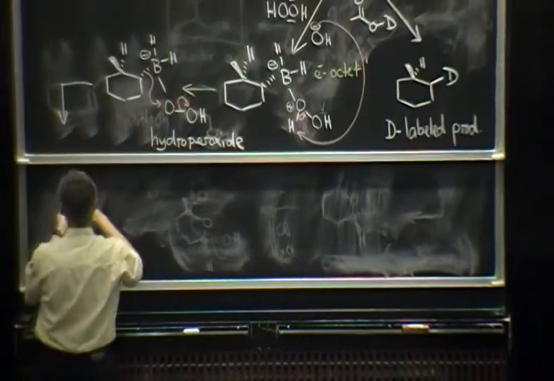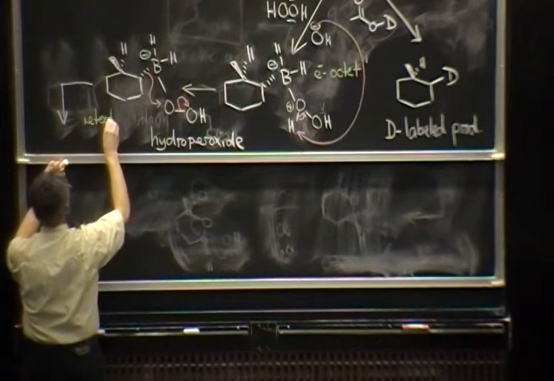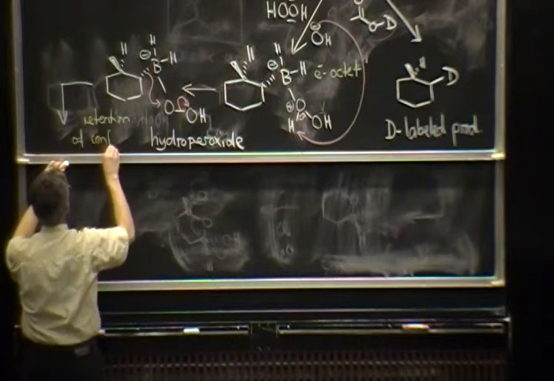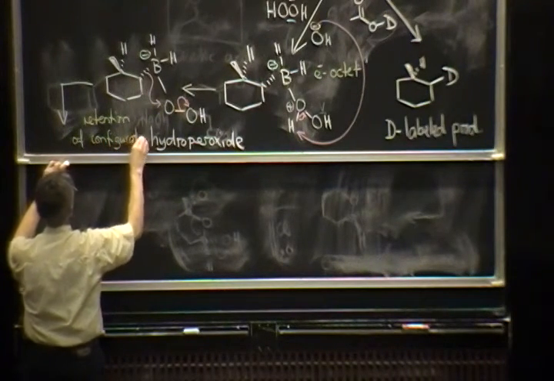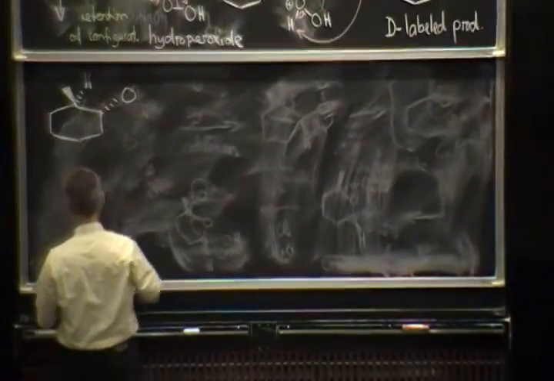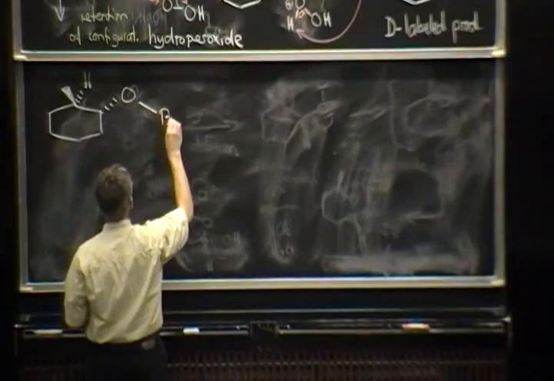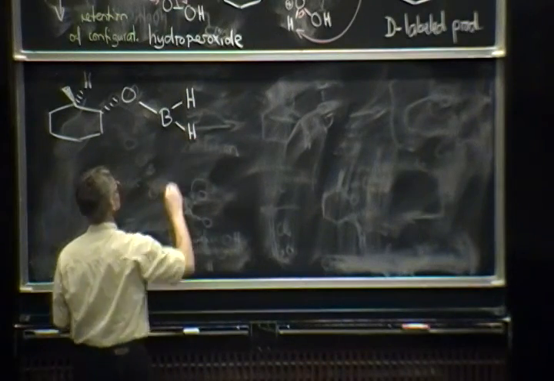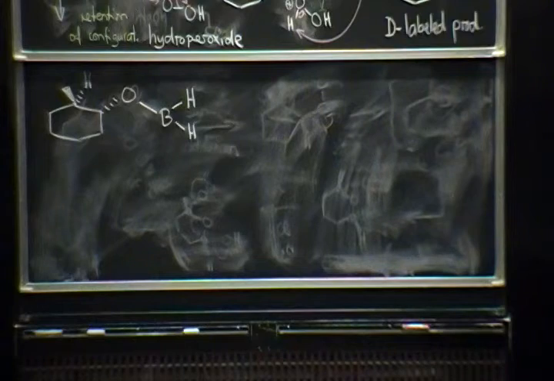So a very important note here is the migration is via retention of configuration. And the oxygen is still attached to the boron, but the boron, of course, now lost its additional electron pair, so we're back to the sextet on boron.